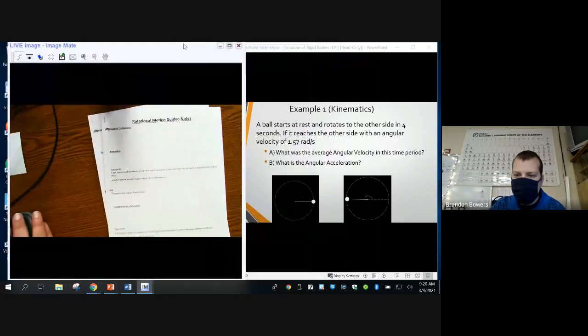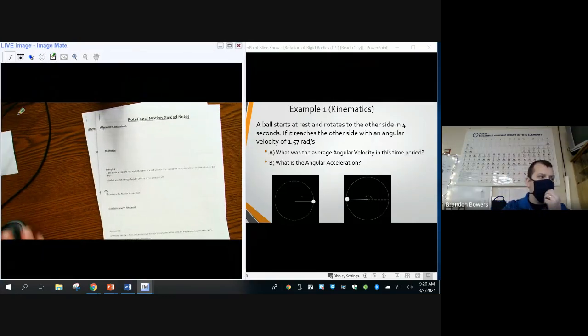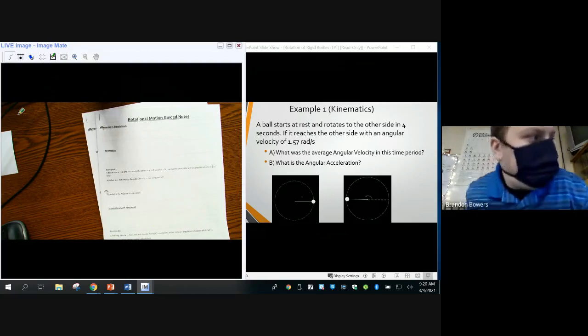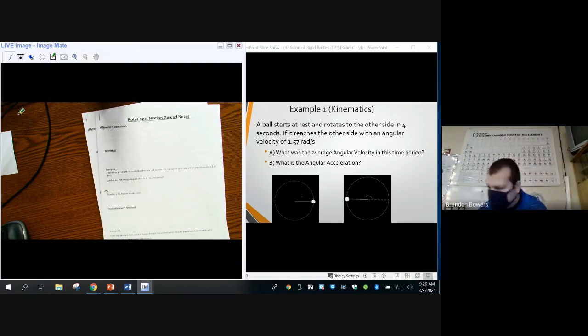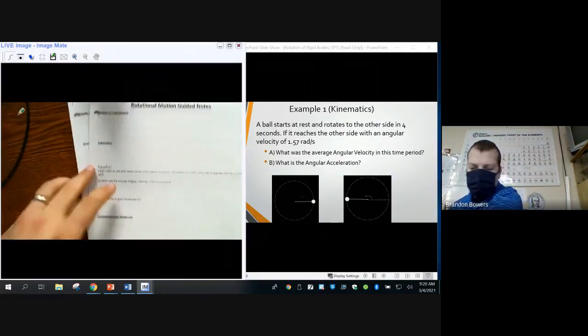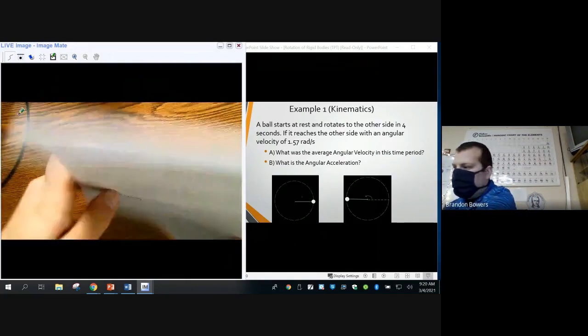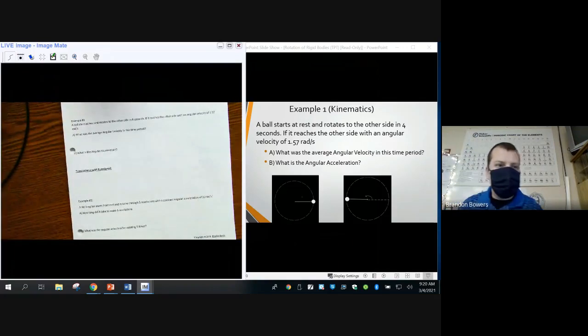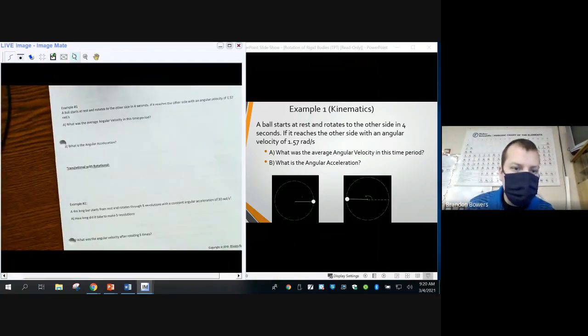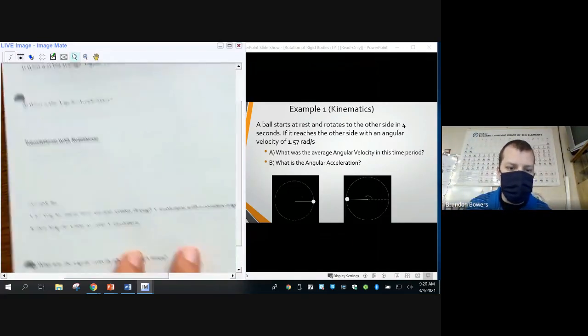If it reaches the other side with an angular velocity of 1.57 radians per second, what is the average angular velocity in this time period? Okay, so to start off, let's write what we know, because that's always a good start.